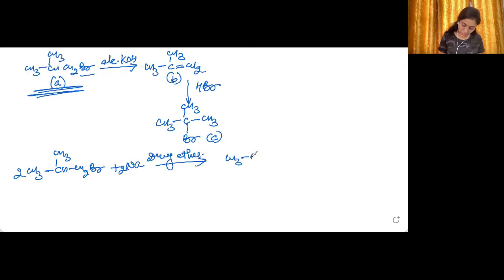So it is (CH3)2CHCH2. Now it will combine with the other similar unit, CH2CH(CH3)2. So this molecule will be formed. Now, if you count the number of carbons and hydrogens, it will be C8H18.